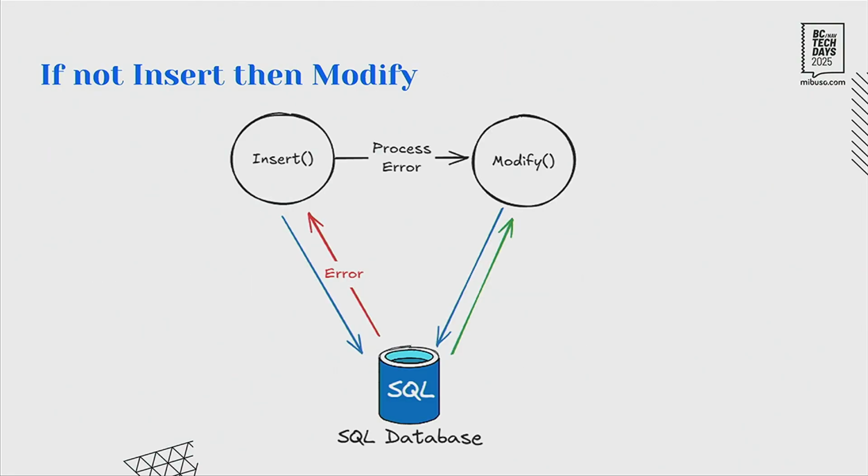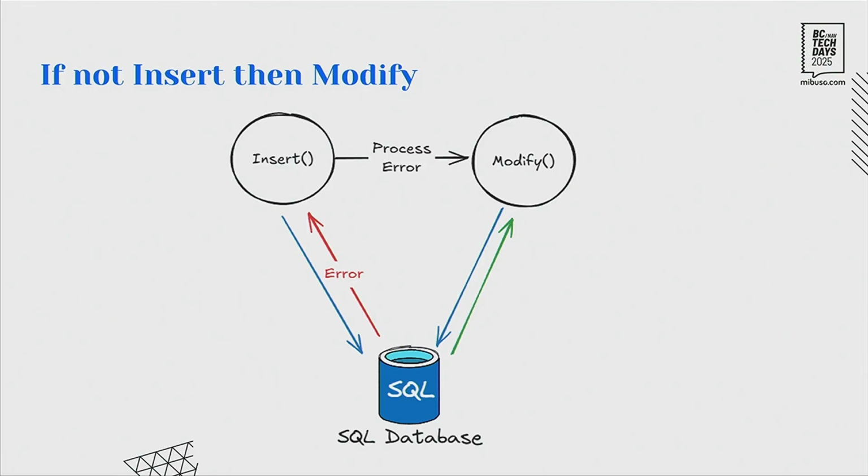So in this case, you try to insert, all good, but SQL returns an error, which triggers additional triggers, then parses on the Business Central level, and only that, then the modify statement is crafted to the SQL side and being executed successfully. So that first error makes a difference.